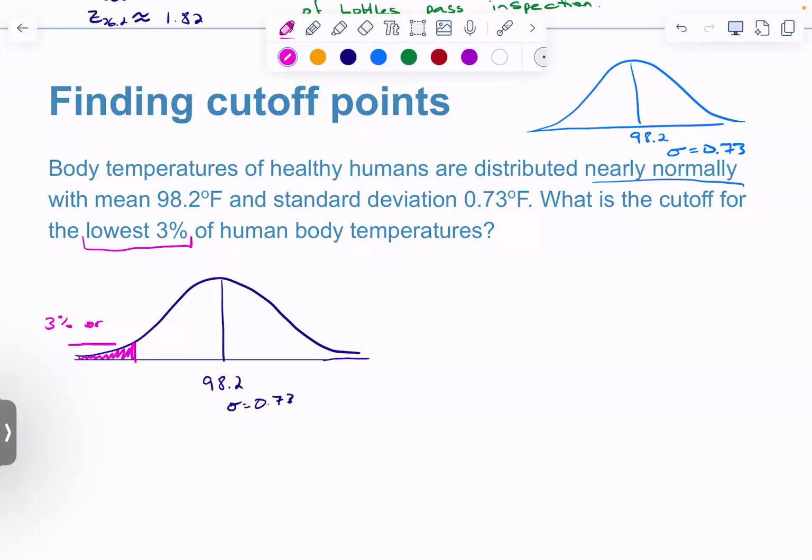There, like that. So now I have the area that I want to force, and I want to figure out what value, what temperature makes that happen.